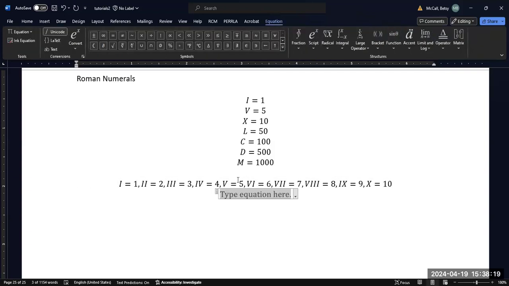So again, the sort of weird numbers, XL is 40, while LX is 60. CD is 400, but DC is 600.